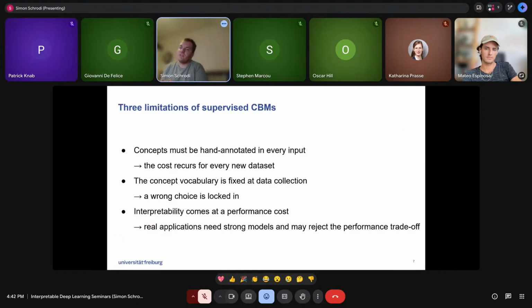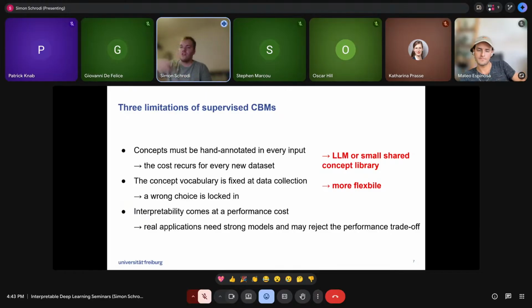And it resolves some of the limitations that I just mentioned earlier. The concepts must be hand annotated, at least for the large language model you don't need to annotate them at all. For the concept library, I would argue you need substantially less. So fair enough, this post-hoc approach might resolve this. The concept vocabulary is also somewhat fixed, because the large cost in training is the pre-training, and that is done.